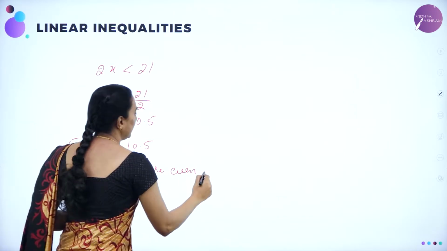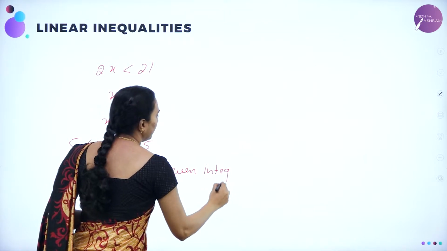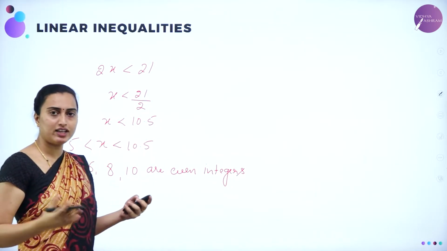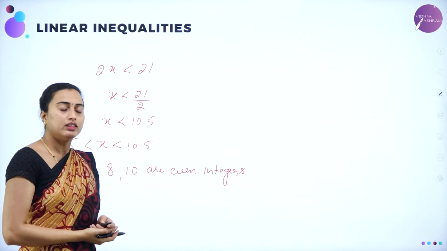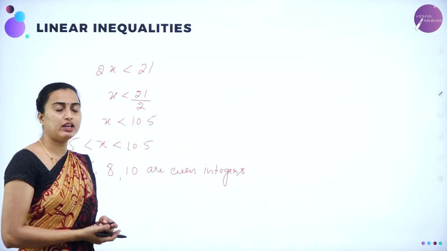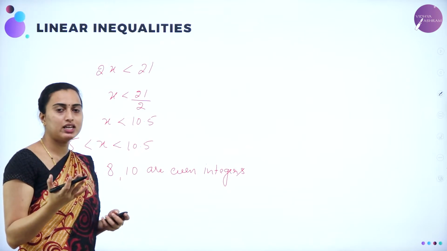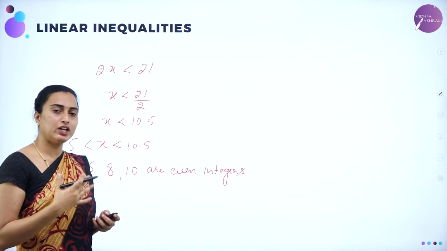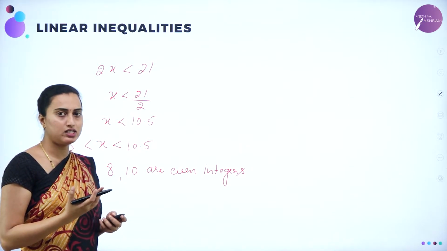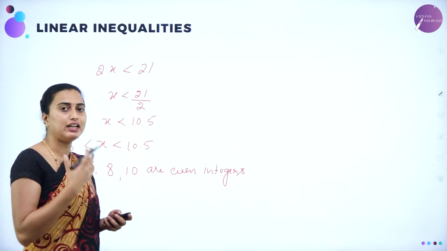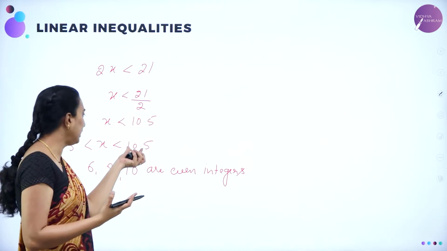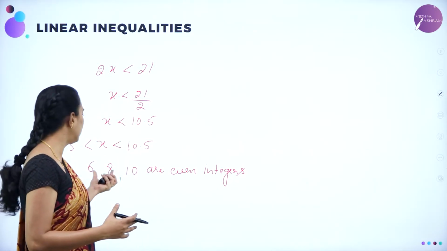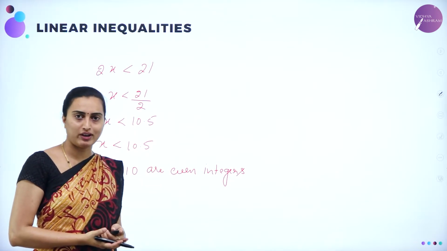The pairs are 6 and 8, and then 8 and 10. But we cannot take x equal to 10, because 10 plus 2 will become 12, and 12 cannot be there as it should be less than 10.5. Therefore, these are the even integers.